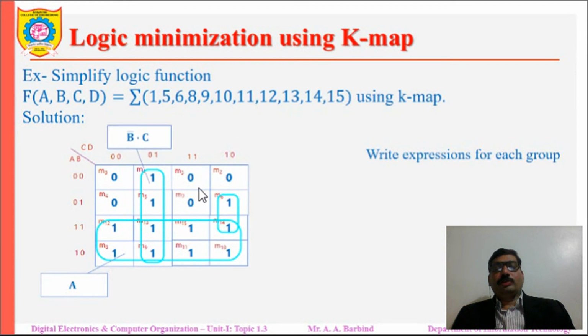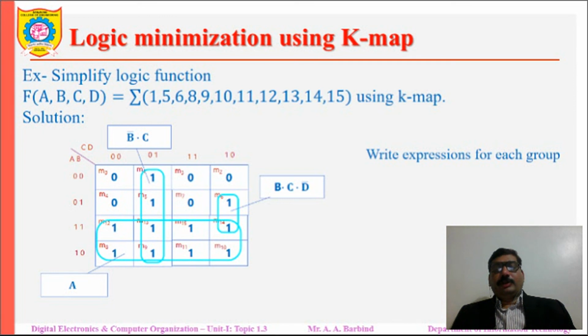So the expression for this will be C bar D. For the pair, A is changing, B is 1, and amongst C and D, C is 1 and D is 0, so B, C, D bar. Note that there is a typographical error here. This should be C bar D.